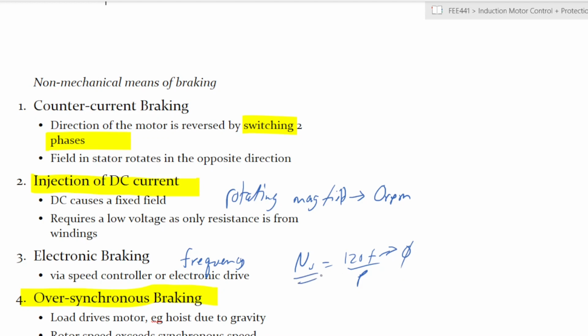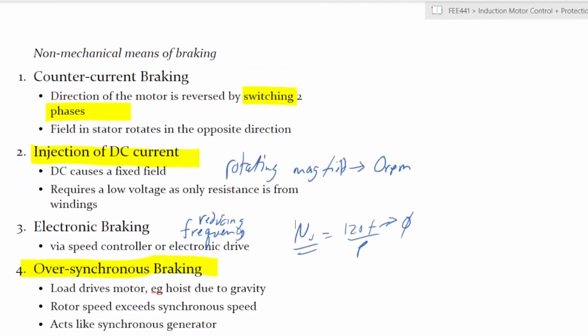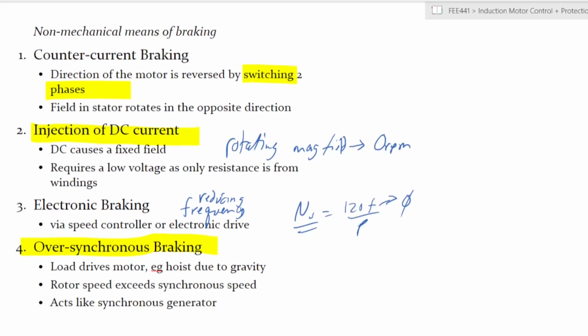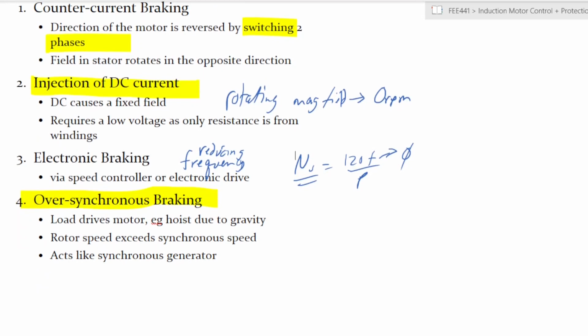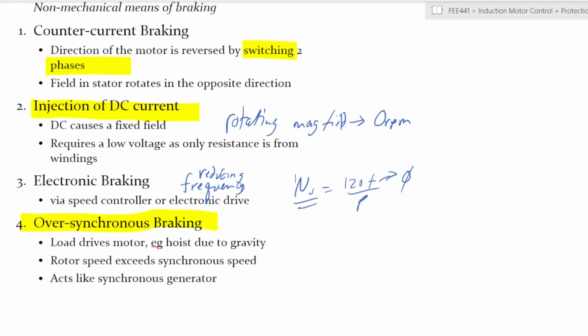Likewise, your rotating magnetic field will go down to 0, and your rotor will also follow it down to 0. So you are electronically reducing the frequency of your power supply down to 0. Those are the main ways in which you can brake your machine, bringing the speed down to 0 through non-mechanical means.